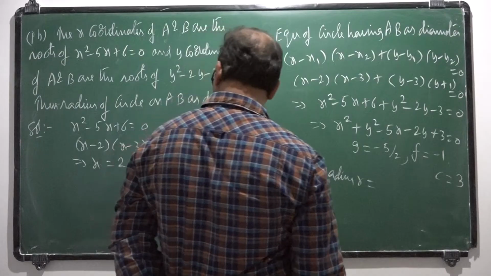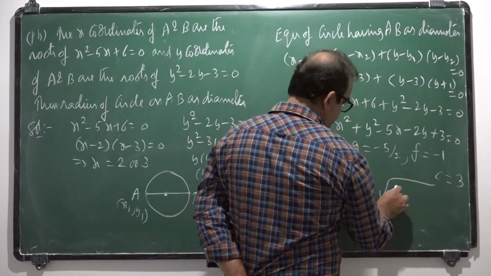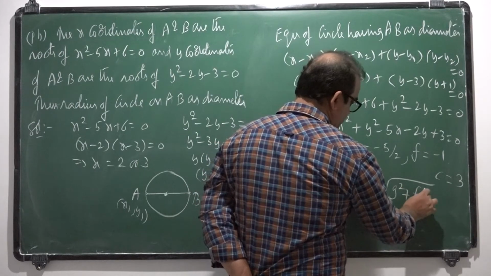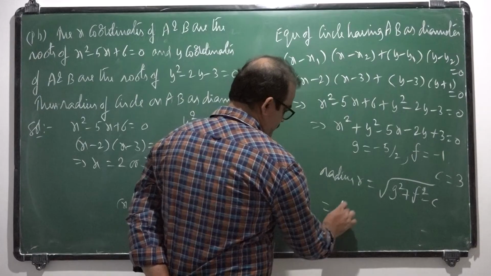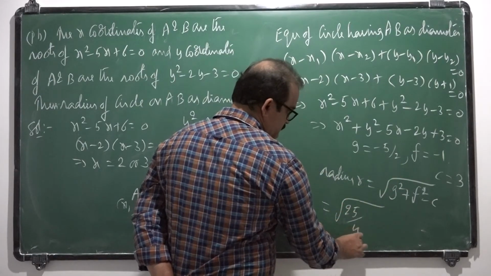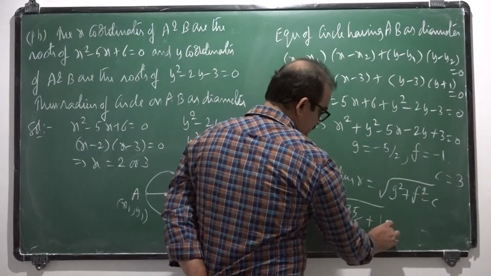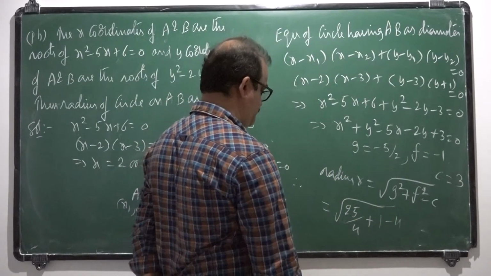Radius r is equal to root of g square plus f square minus c. g square is 25 by 4, f square is 1, minus c. Now simplify this.